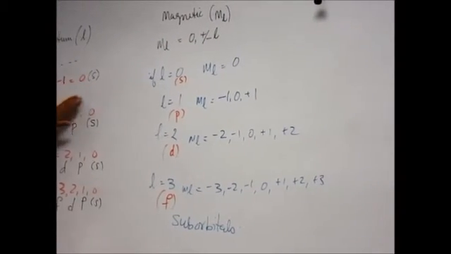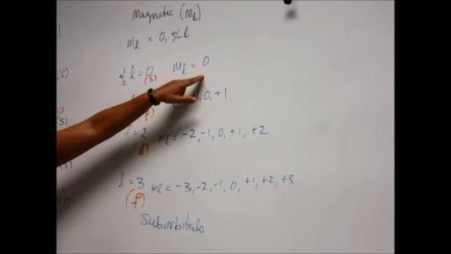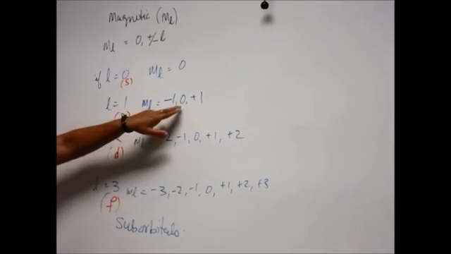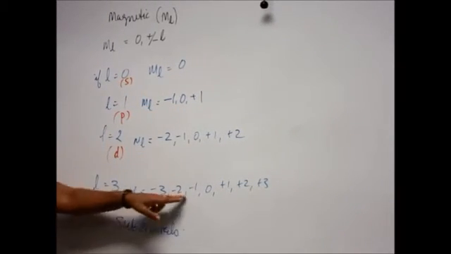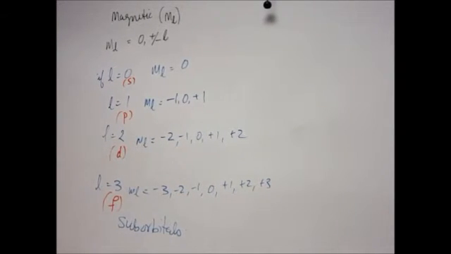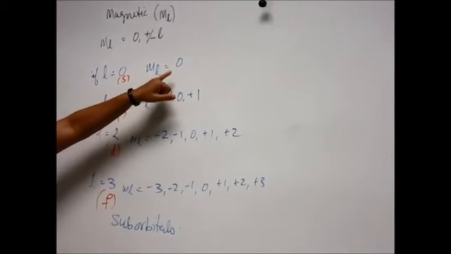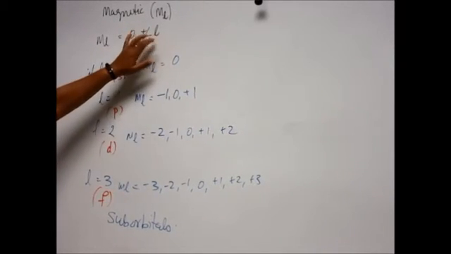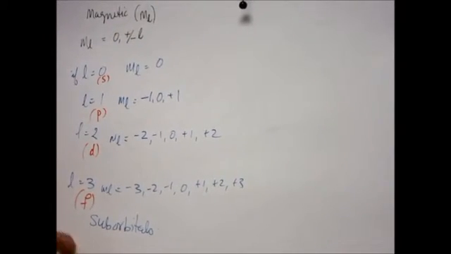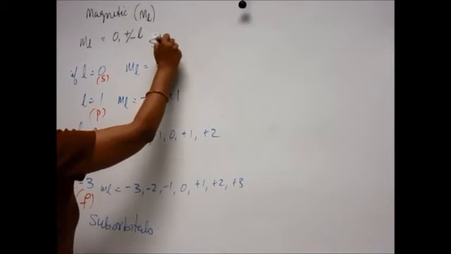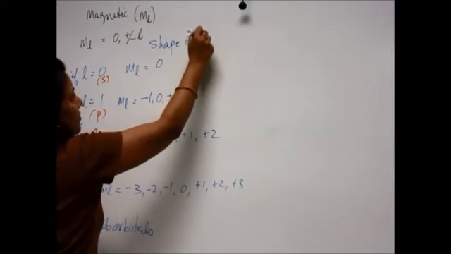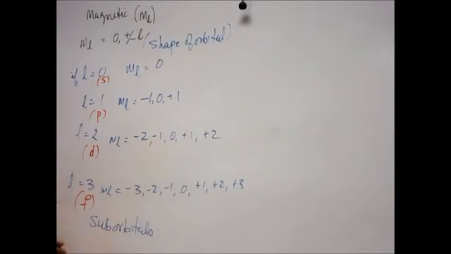So S here means that there's only 1 suborbital. P means there are 3, D means 5, and F means that there are 7. What does this really mean for us? It means that S can have only 1 shape. So what the magnetic quantum number is doing for us is actually giving us the shape of the orbital, meaning where you can find the electron.